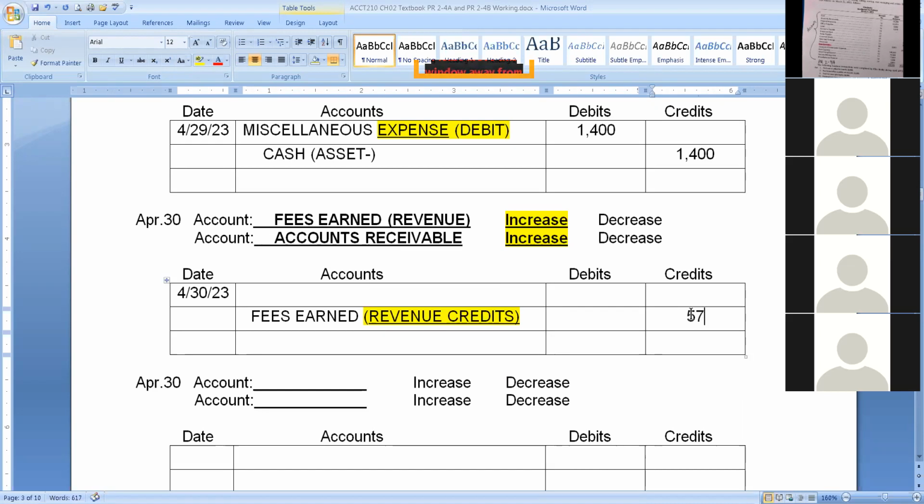57,000. And accounts receivable is going up. We could go down and look that up, but we don't need to.